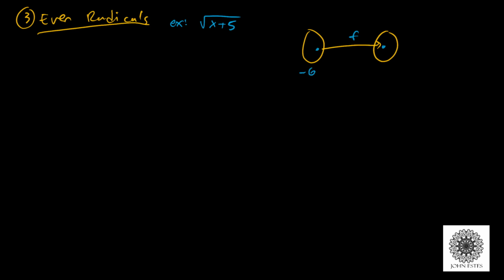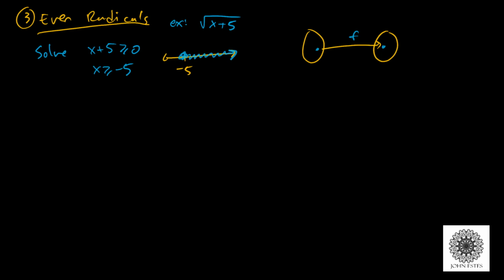How do I find what needs to be in the domain for an even radical? I need to make sure that what's under the radical is greater than or equal to 0. In this case, that means that x has to be greater than or equal to negative 5. On the number line, negative 5 is included, and anything bigger than that will work.